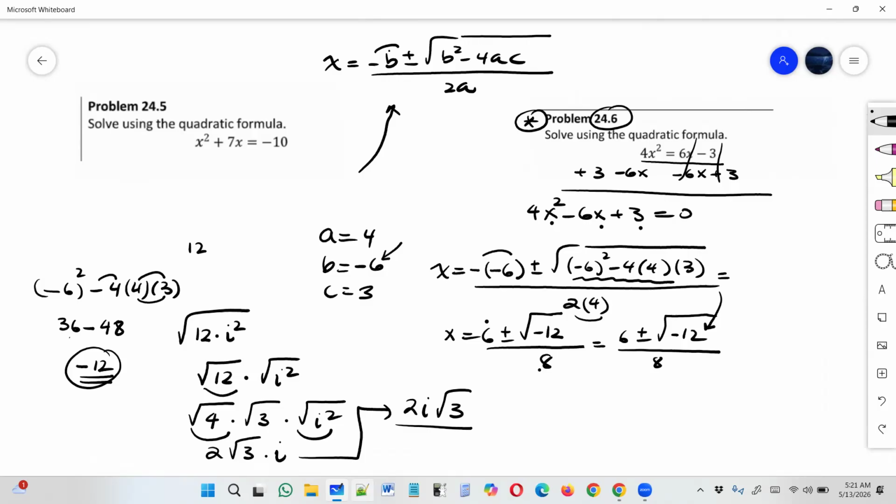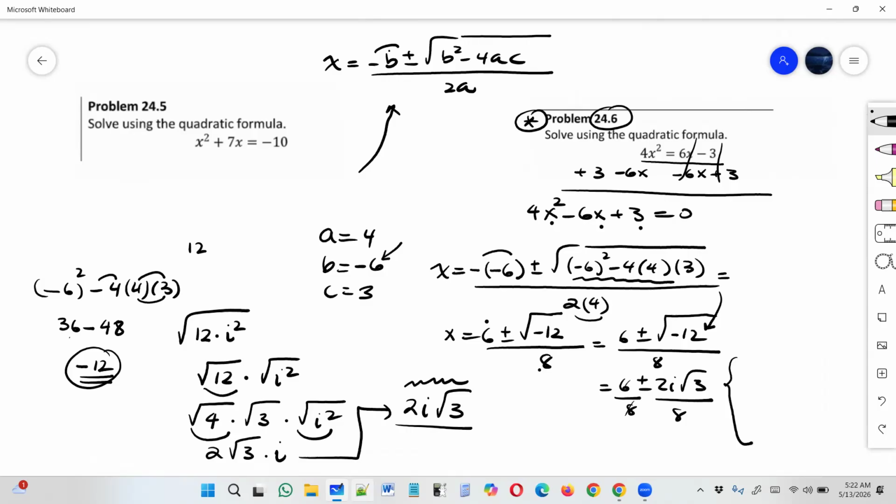So the radical -12 is going to be replaced with 2i radical 3. So now look what we do. 6 plus or minus 2i radical 3 over 8. Do it separately because otherwise you may make a mistake.